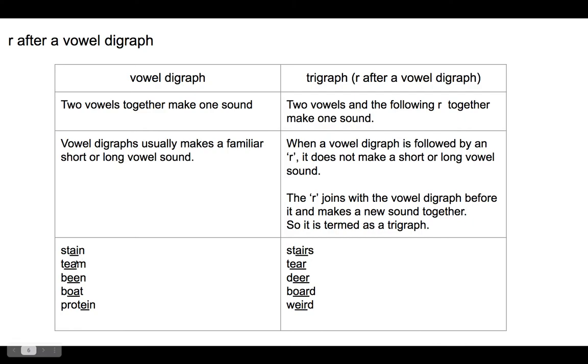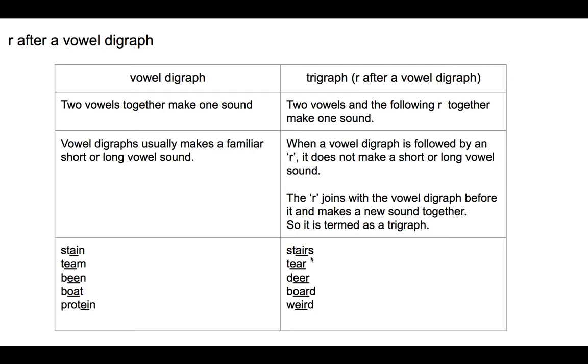So in all of these cases, there is no R after the digraph. Now let us look at these examples. These examples have the same digraphs adjacent to it, but there is an R following the digraph. So this makes a new sound instead of a short sound or a long vowel sound.